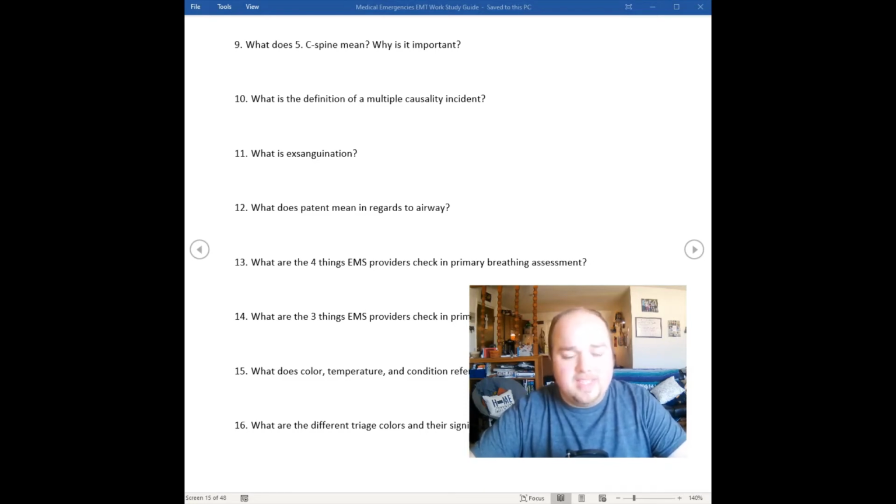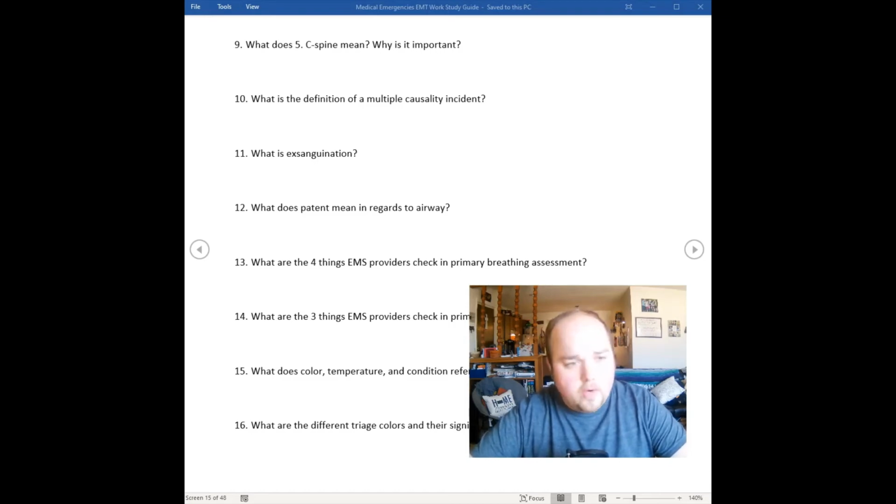For instance, if you're in a small rural area and you only have 2 ambulances, it's not going to take much to become a multiple casualty incident. However, if you're in a large metropolitan area, it's going to take a lot larger number of individuals to start overwhelming the system. And so a multiple casualty incident deals with the number of individuals and severity of casualties that start overwhelming the system.